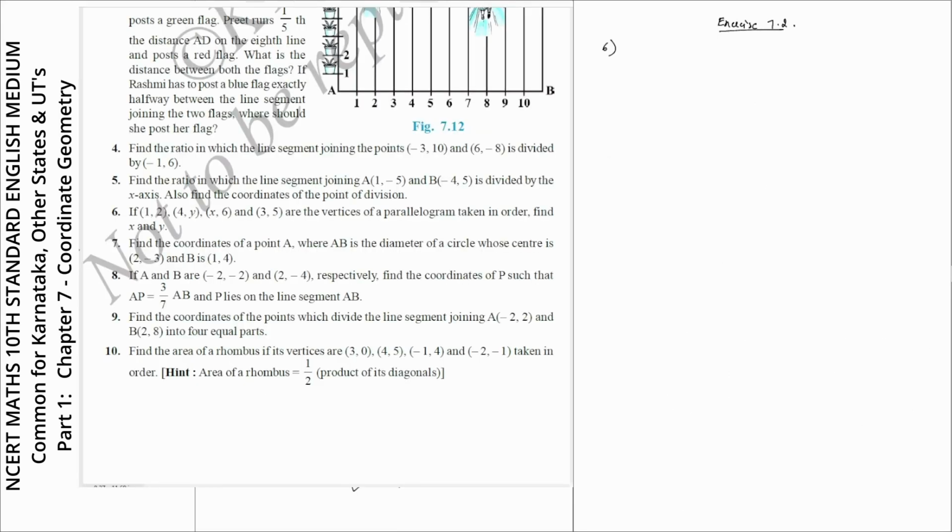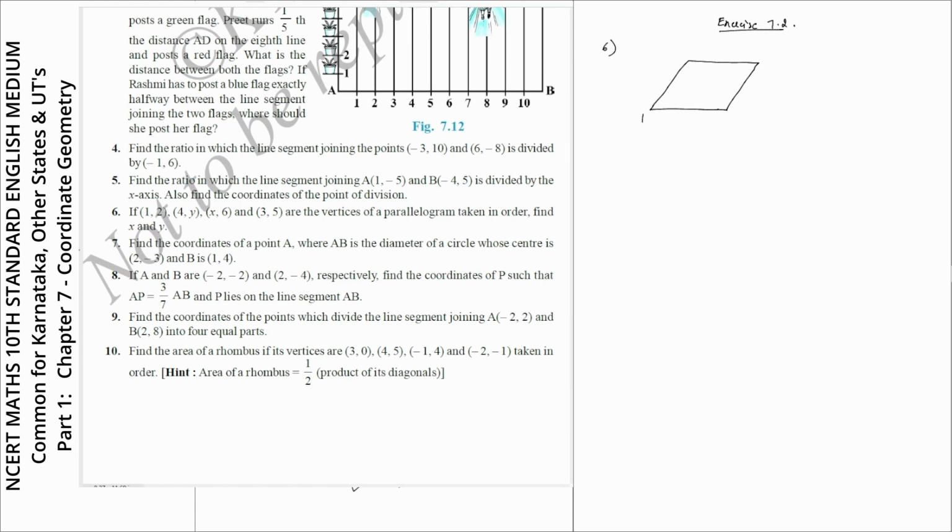Exercise 7.2, question number 6. If 1 comma 2, 4 comma y, x comma 6 and 3 comma 5 are the vertices of a parallelogram taken in order, find the value of x and y. So there is a parallelogram, maybe it is like this, and the points may be like this.